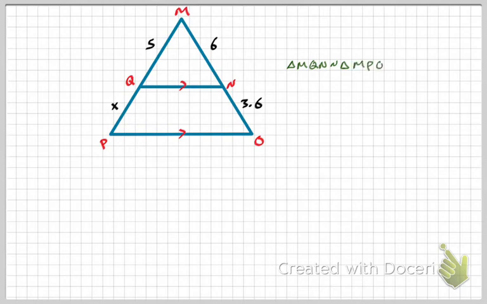Okay, so then that means that 5 over 5 plus x equals 6 over 6 plus 3.6, 9.6. Cross multiply, I get 30 plus 6x equals 9.6 times 5 is 48. Subtract the 30 from both sides, 6x equals 18, so x equals 3.